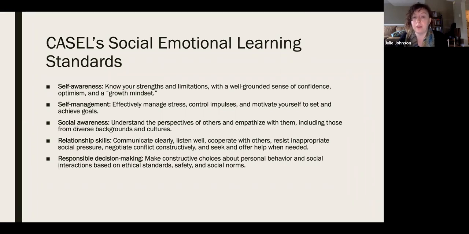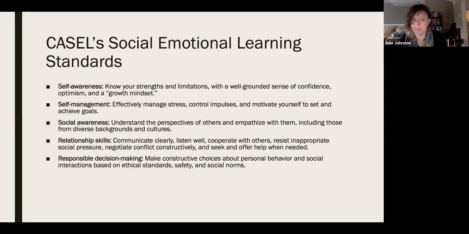CASEL is saying that all students should, to the degree that their brains allow, take in diverse ways of being in the world and bring that into awareness, whether through the lens of disability, racial and ethnic awareness, socioeconomics, etc.